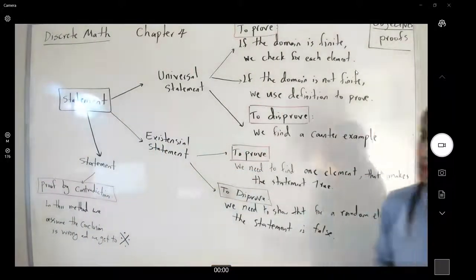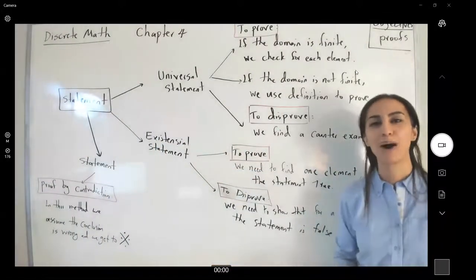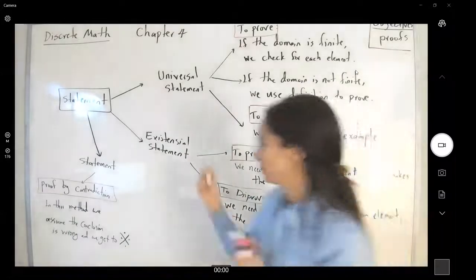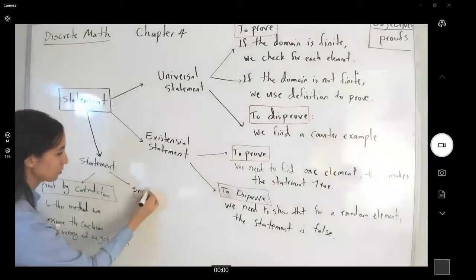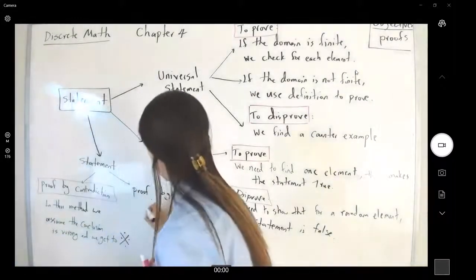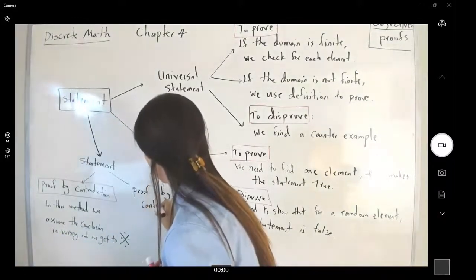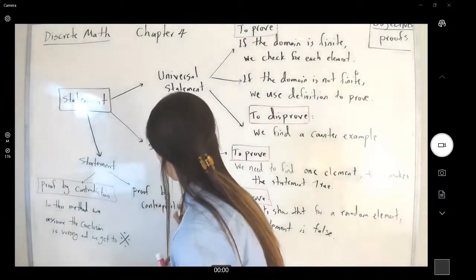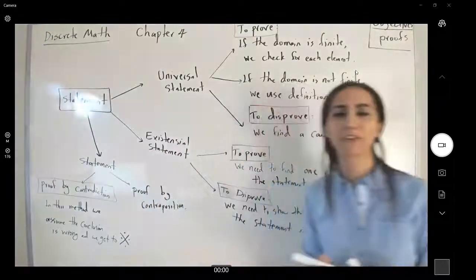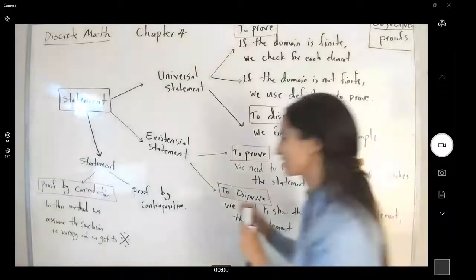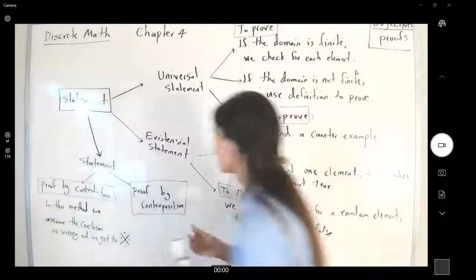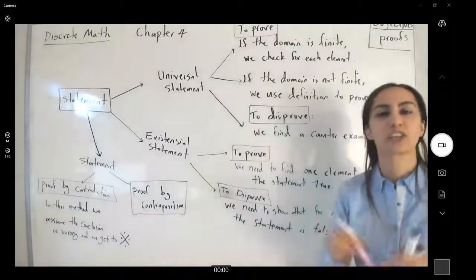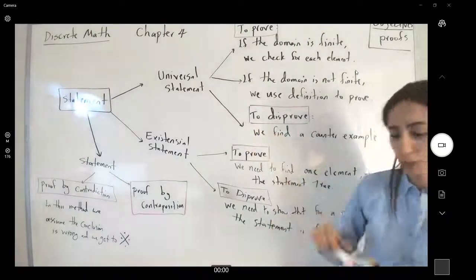Very well. Another method is called proof by contraposition. This usually works when we have an implication. In this case, you already know what the contrapositive is.